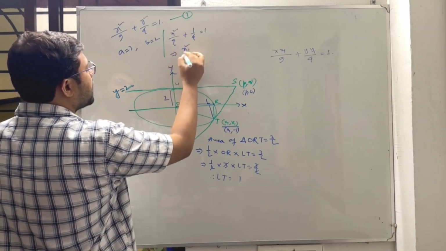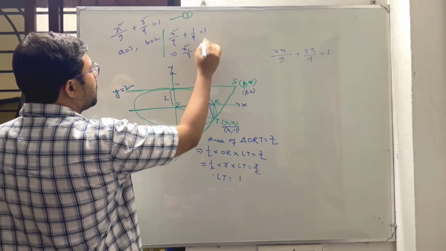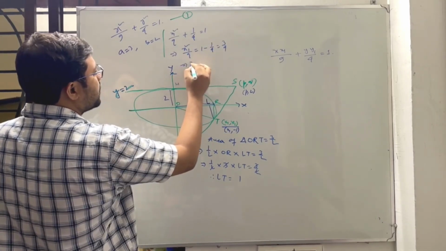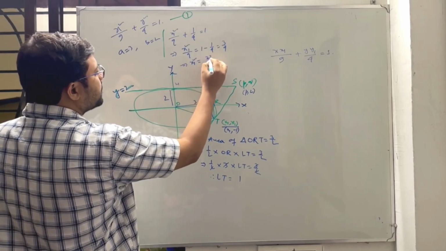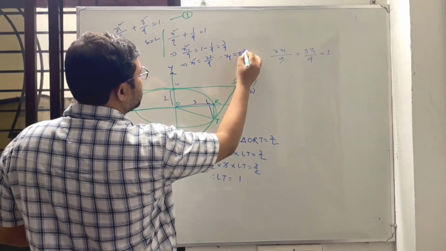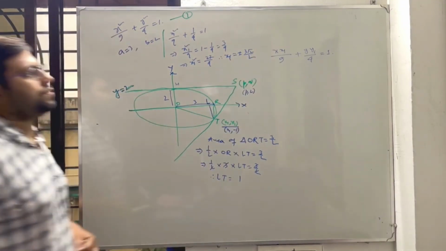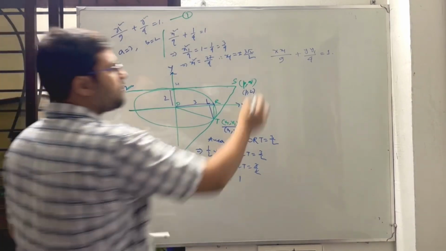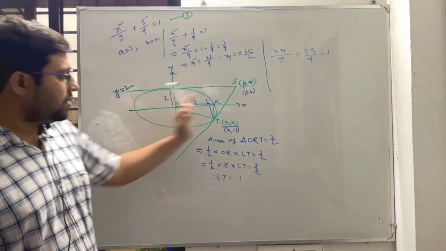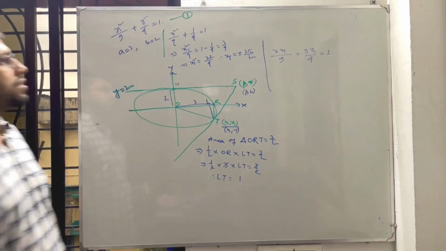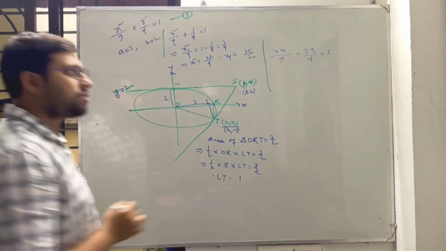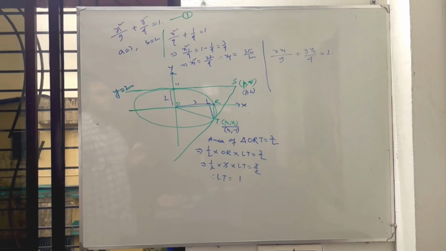So x1 square by 9 is equal to 1 minus 1 by 4, that is 3 by 4. So x1 square is equal to 27 by 4. So x1 is equal to plus minus 3 root 3 by 2. And since x1 is on the right side, it cannot be negative. So x1 must be positive, and the value of x1 is 3 root 3 by 2.